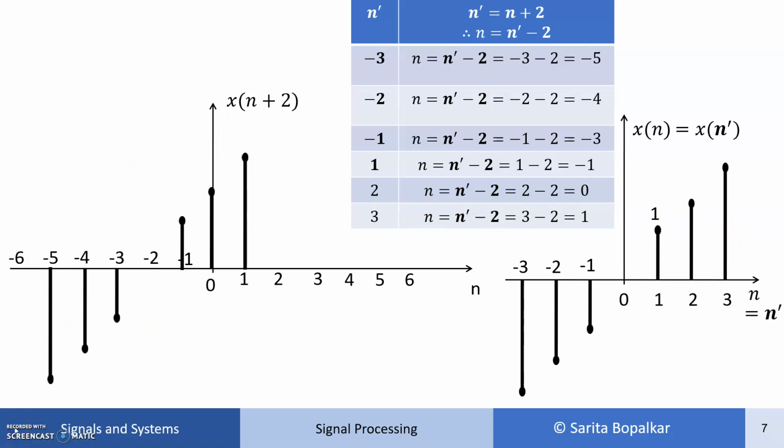So, to delay the signal, we'll shift the entire signal towards the right by a particular time unit. To advance the signal, we'll shift the original signal towards the left by a particular time unit. How to remember this? Just an analogy. Suppose to reach a particular place from my house, I have to start at 10 o'clock and I will reach there in 1 hour, at 11 o'clock.